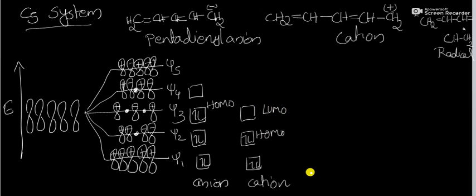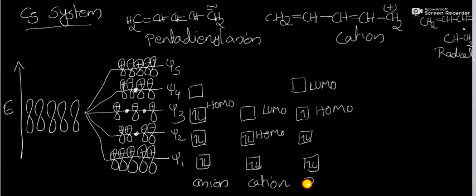Then in the case of the radical, the total number of pi electrons involved is 5. So the HOMO will be Psi3, the LUMO will be Psi4. This is the electronic arrangement for the C5 system.